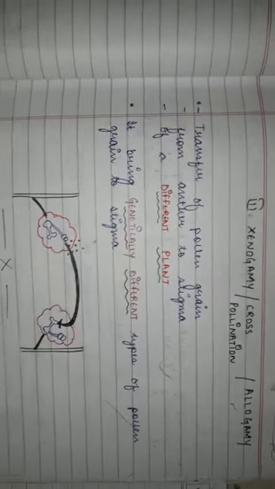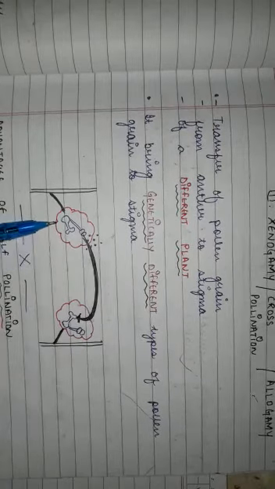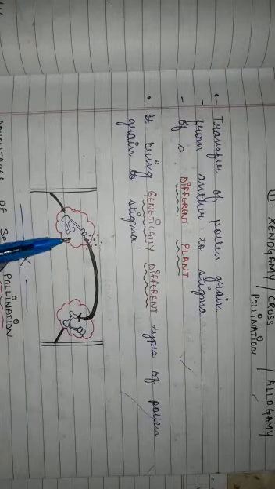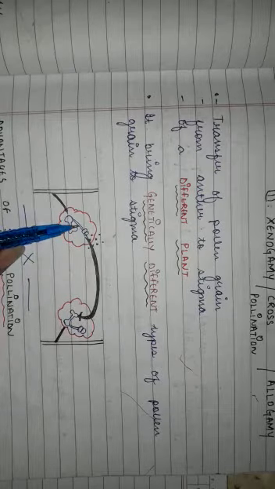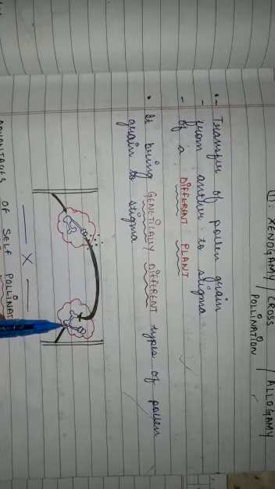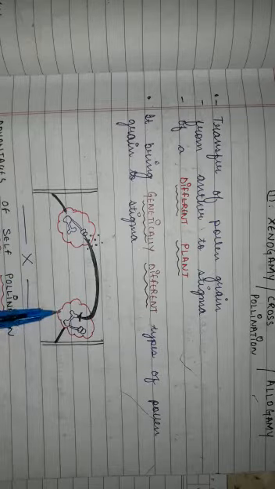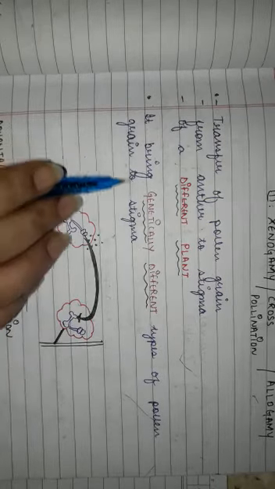Here in xenogamy, transfer of pollen grains takes place from the stamen of one flower to the stigma of another flower of another plant. It brings together genetically different types of pollen grains and stigma.